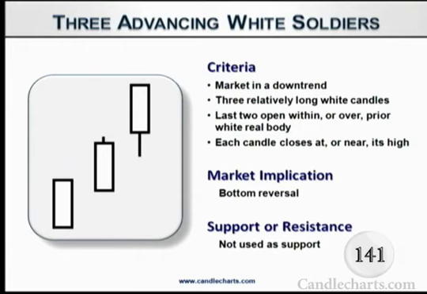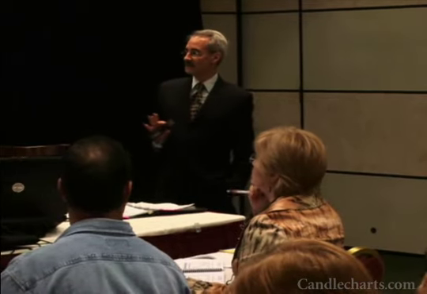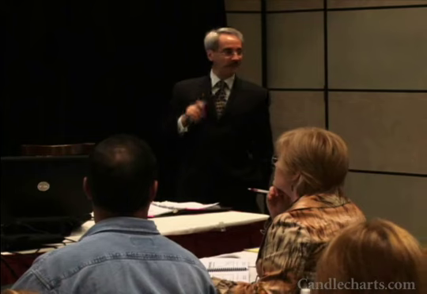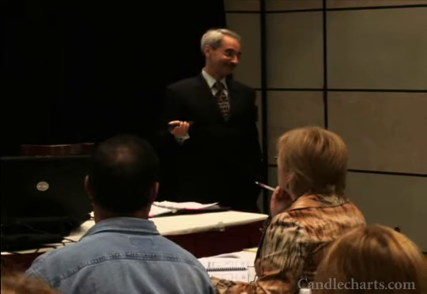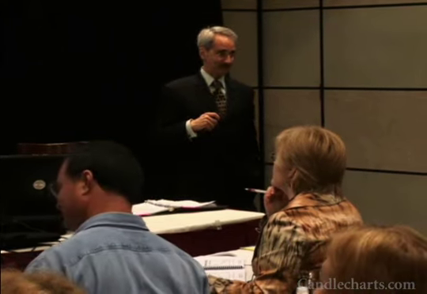And the issue with this pattern, including some of the other patterns, and some that we haven't even gotten into today, is that by the time you get the signal, it's late. Right.